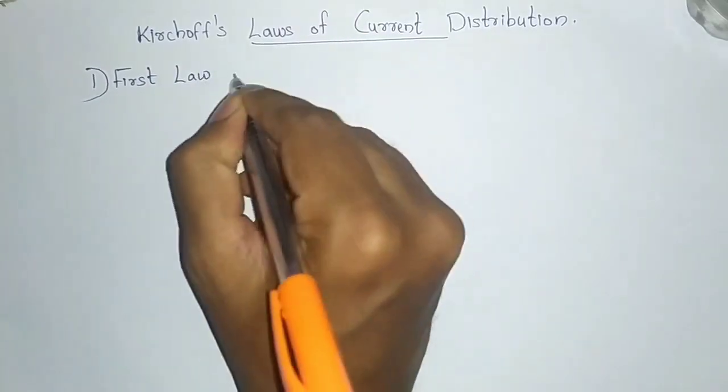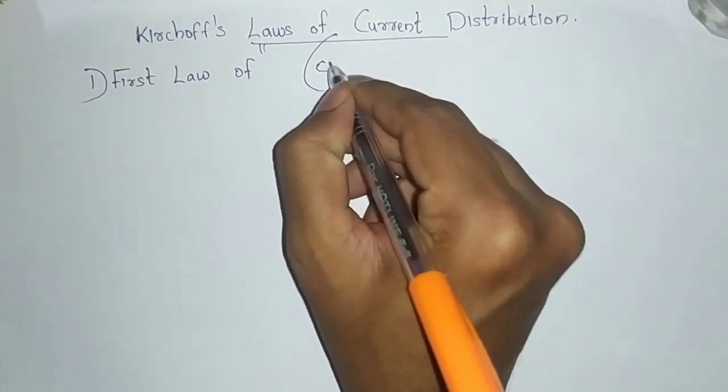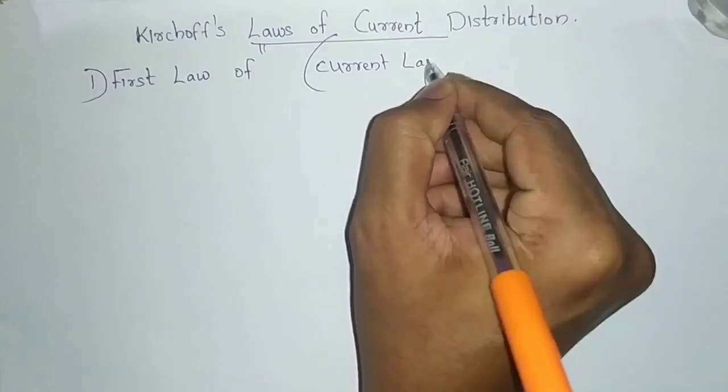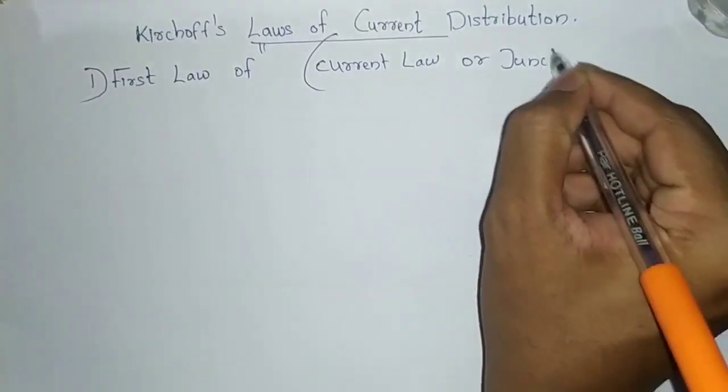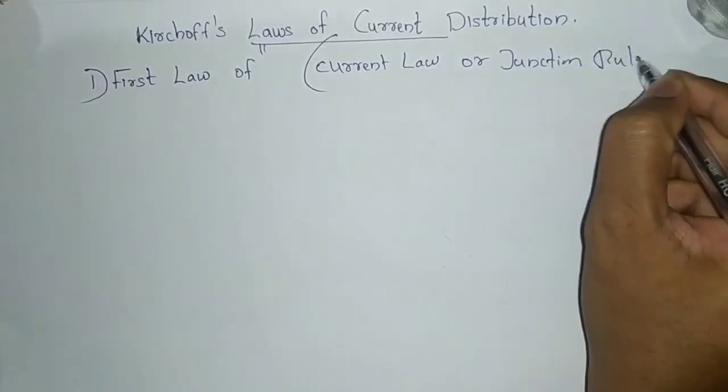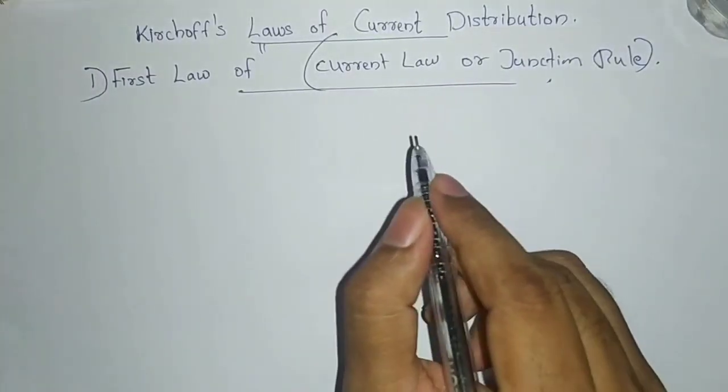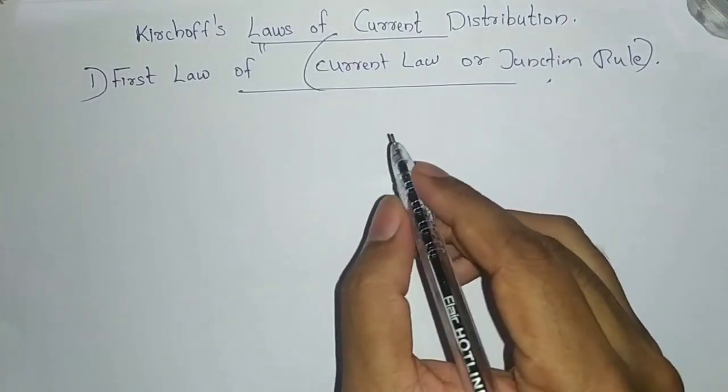The first law of Kirchhoff is known as Kirchhoff's current law or junction rule. So let's see how this current law or junction rule is applied in networks.